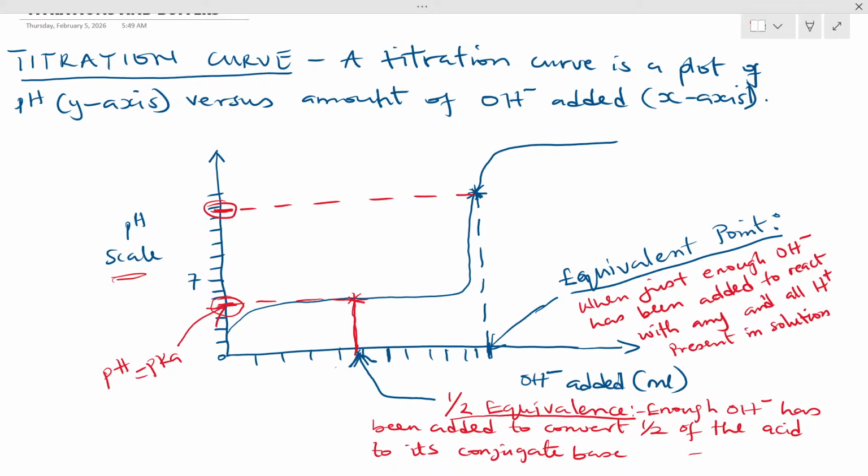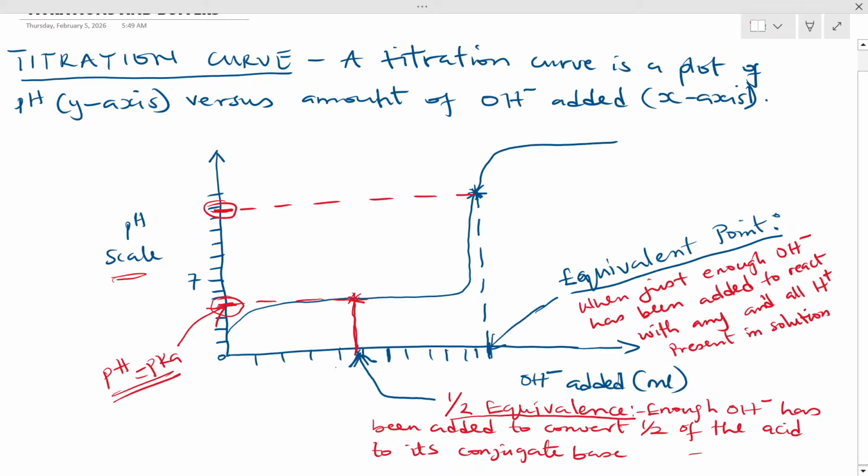Mathematically, this point right here, your half equivalence point, is traced in the graph, and whatever point it hits on the graph, that point is where pH is equal to pKa. Why? You have just enough OH that has been added to convert what? Half of the acid to its conjugate base.